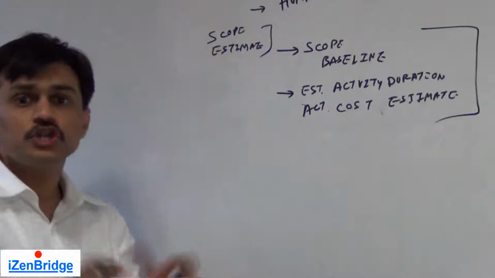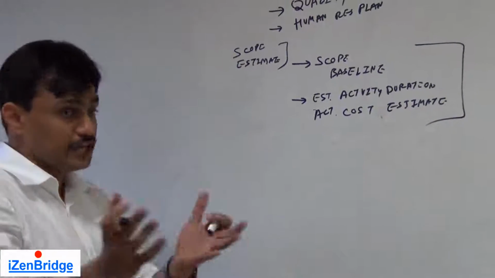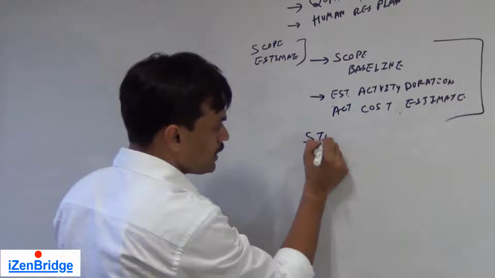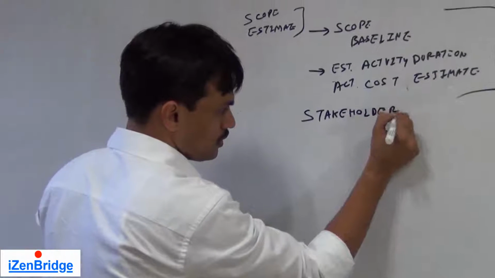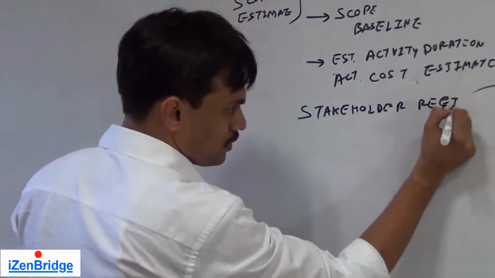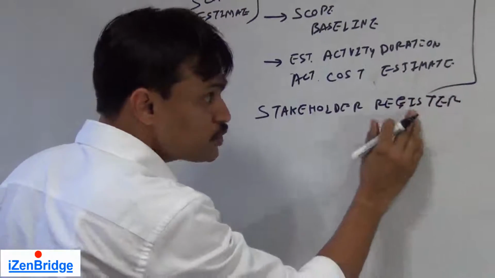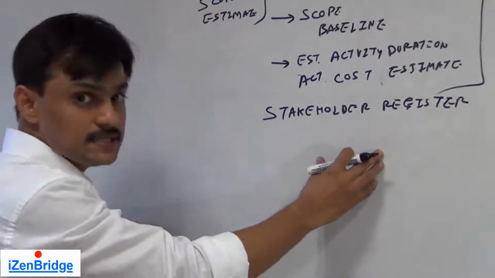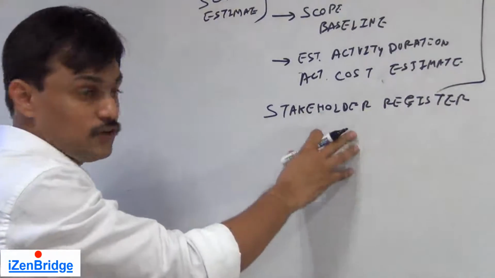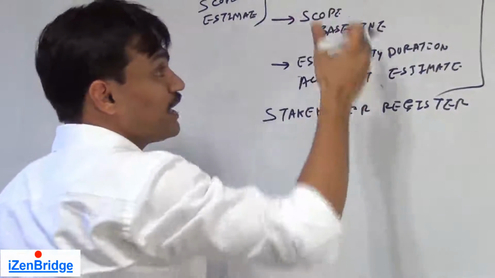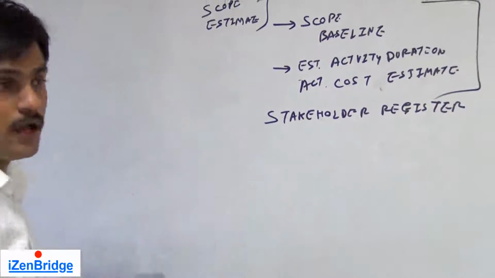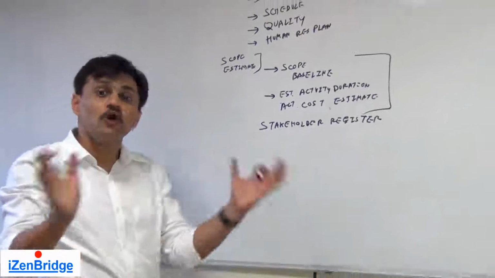Let's talk about stakeholders, their needs. So we need an input as stakeholder register, because we need to interview, discuss and identify risks which they can visualize, but we may not be able to identify just looking at documents. Now we need to look at documents.